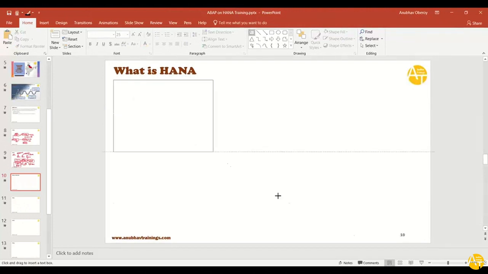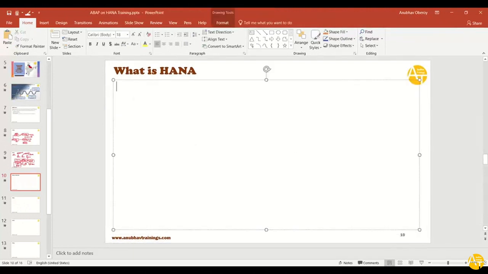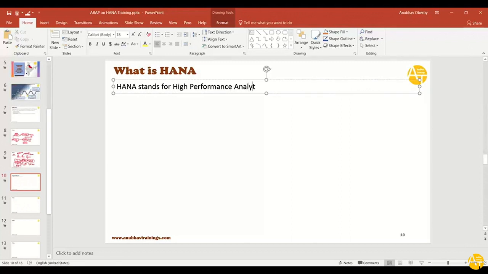So the first topic we will start with is: what is HANA? HANA stands for High Performance Analytic Appliance. It is SAP's in-memory database.